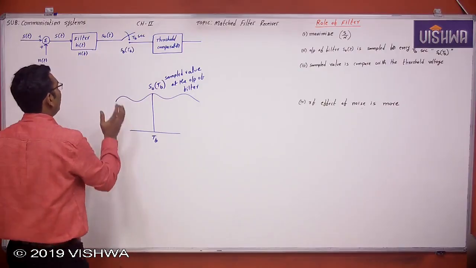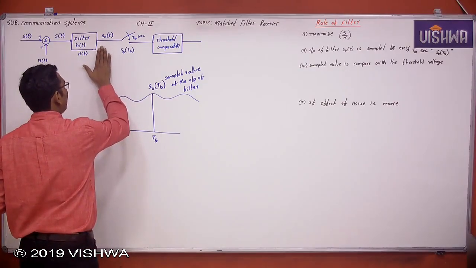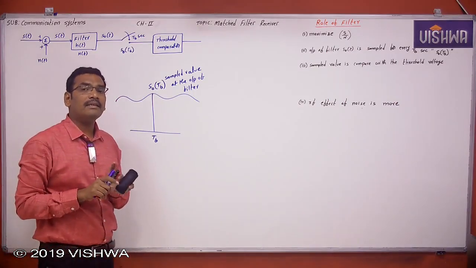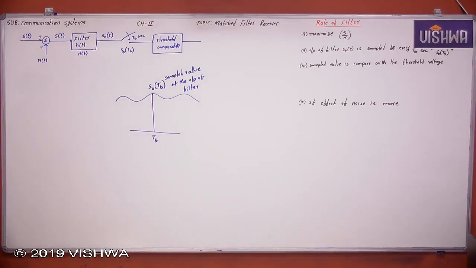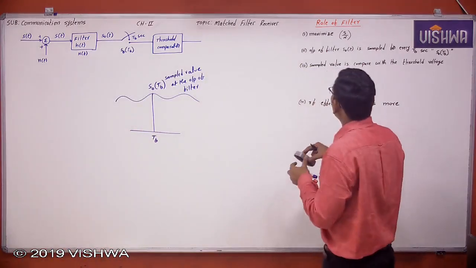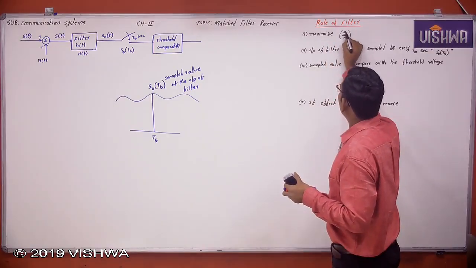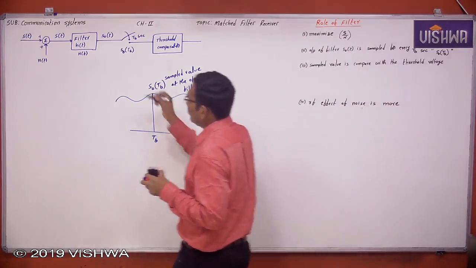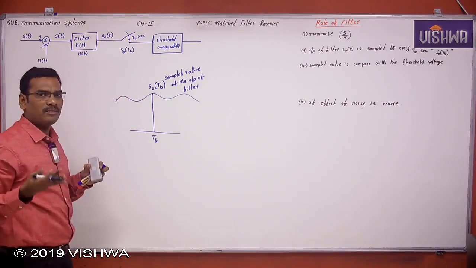Therefore, the purpose of the filter is to maximize the signal to noise ratio, such that the signal to noise ratio is maximum.